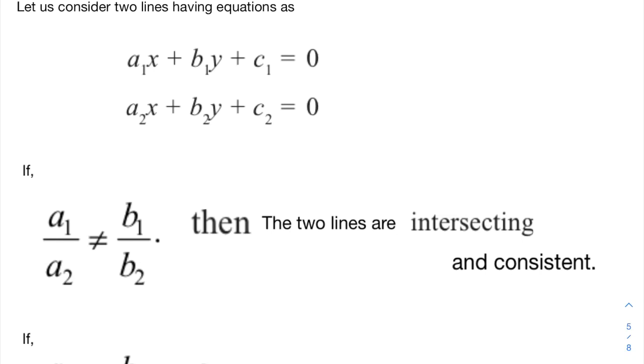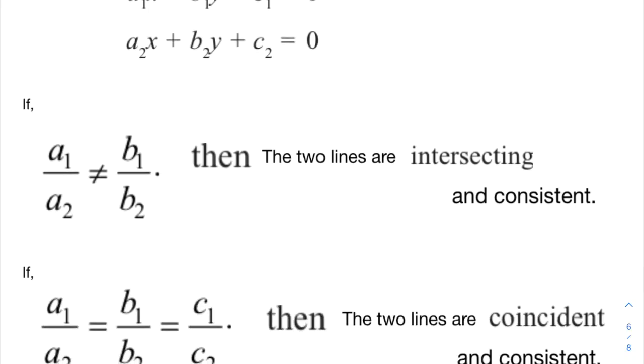And when the two lines are intersecting, we can say that they are consistent also. Consistent means we can get a unique solution. So I am writing here that if a1 upon a2 is not equal to b1 upon b2, then the two lines are intersecting and it will have exactly one solution. Only one solution is possible for this condition.